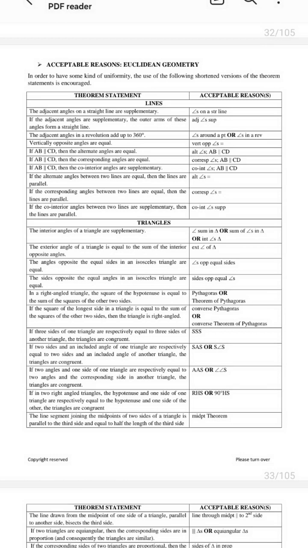The adjacent angles in a revolution, they add up to 360 degrees. And if you can see the acceptable reason that has been given there, there's angles around a point, and PT stands for point.